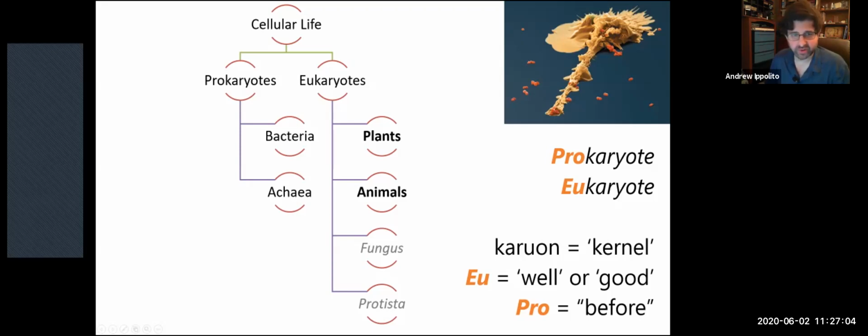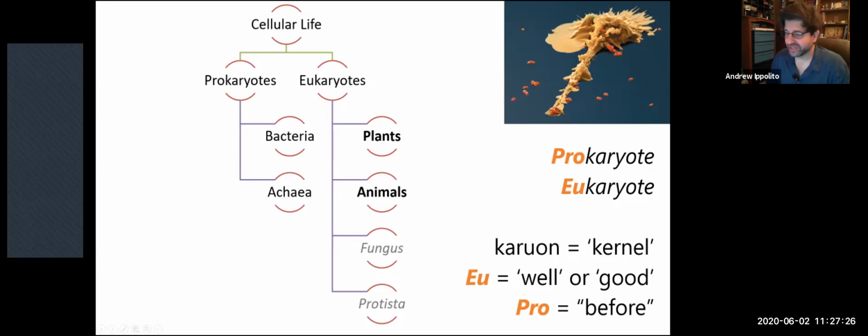That karyo, the underlying Greek there means kernel. Okay, karyon. And that's attributed to the fact that when we first looked under the microscope and saw the nucleus, it looked kind of like a kernel of corn, a little nugget.